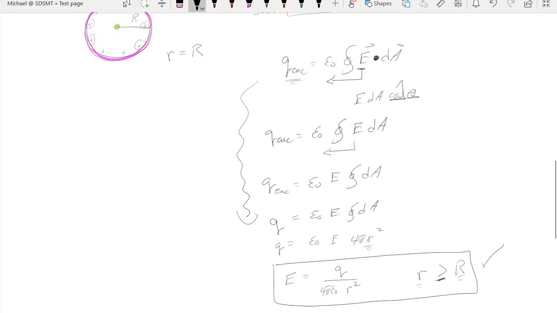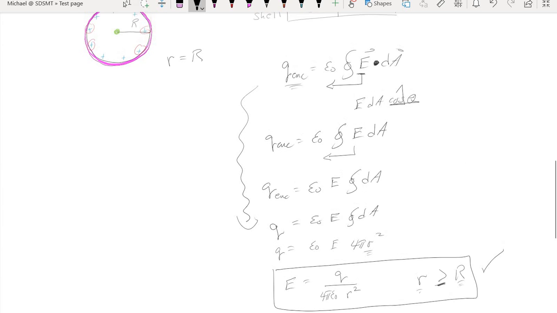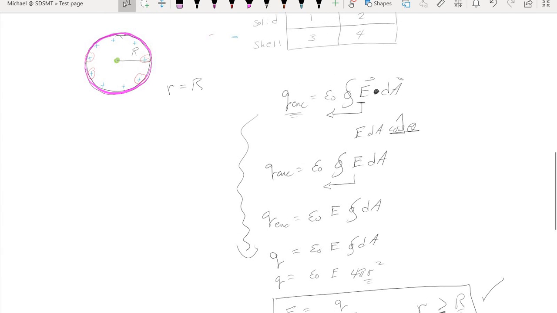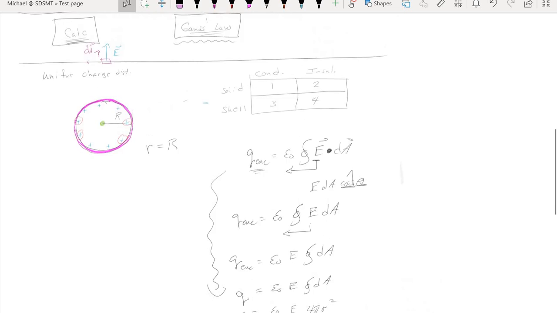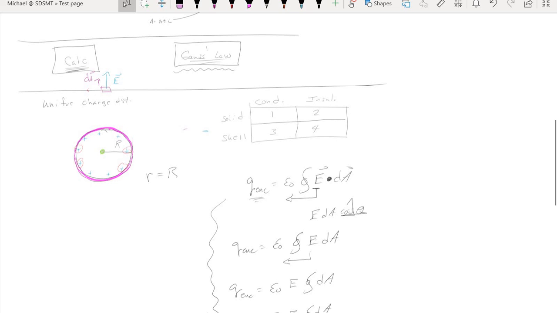And the way that the math collapses for Gauss's law tells us that we can get as close as sitting on the surface of the sphere and still use this expression. So with that in mind, now we need to consider the other three types of charged spheres that we can have. We just considered the conducting solid. Let's take a moment and jump to case 3.